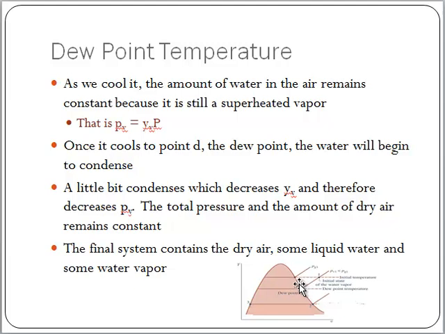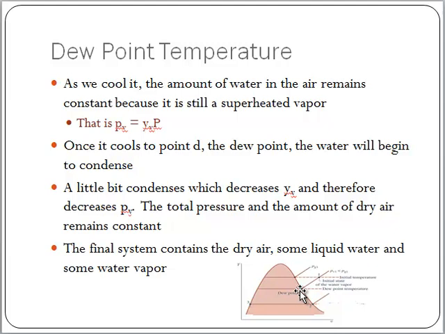But once it cools to point D, which is right here, following this constant pressure curve until I hit the saturation curve, that point right there, at that moment the water is going to condense. So it's going to start to condense, but every time a little bit condenses, it's going to take some of the moles of water out of the air.